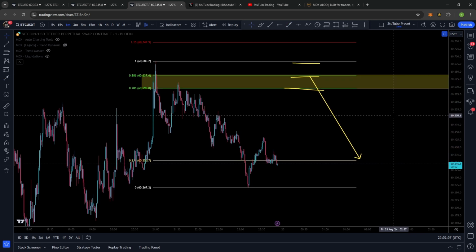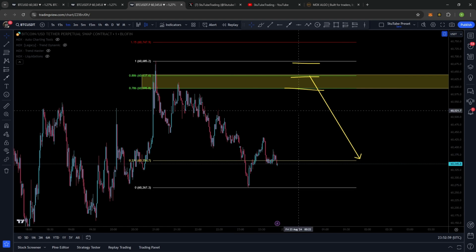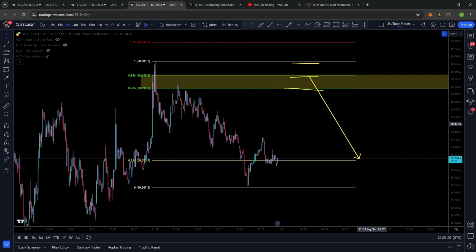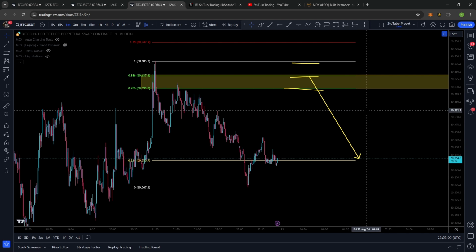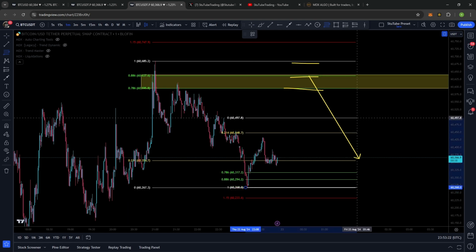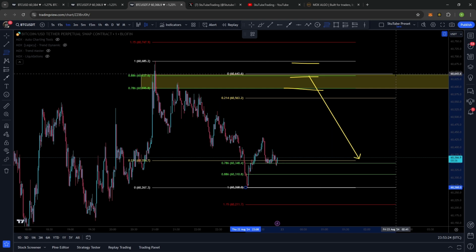The reason for the 214 is because that would basically be the opposite 786, right? So if the 786 is a level that I'm interested in selling or shorting in this example, then on the opposite end of things, I would be looking at buying or longing at the opposite one. So the 214 is basically the opposite, because if we end up in this box at the 886, for example, I would pull a Fibonacci something like that, and you can see that this 214 is just front running it.